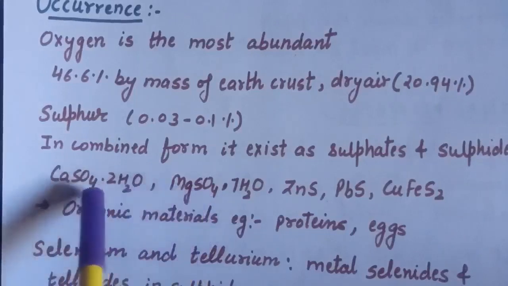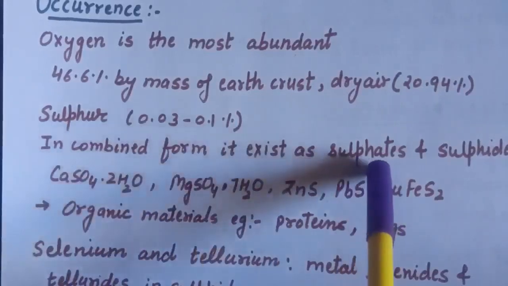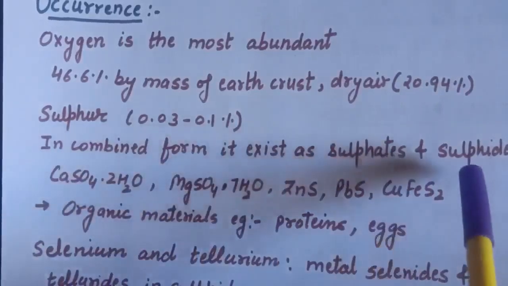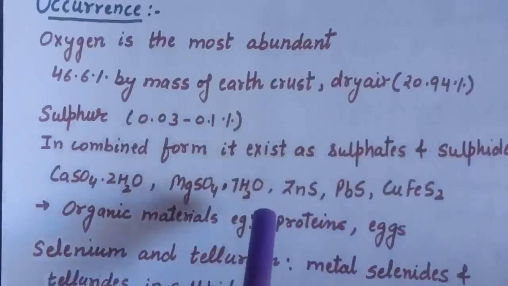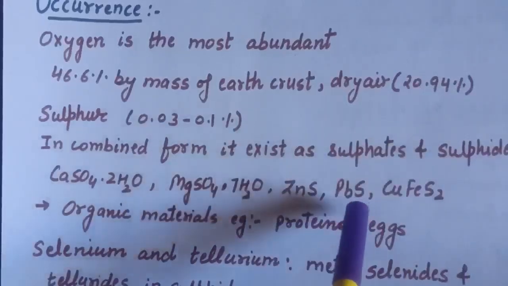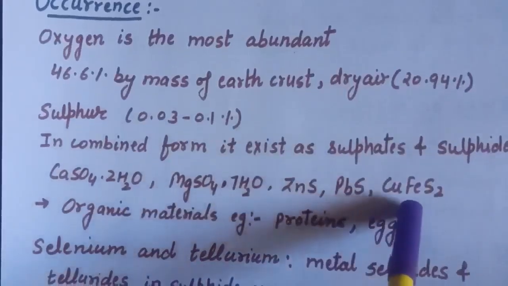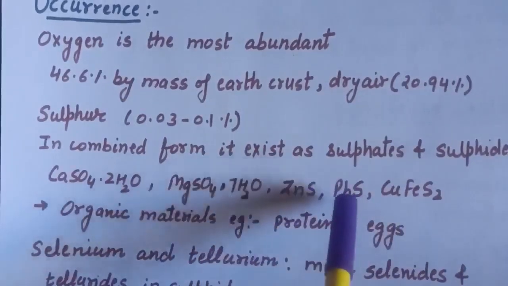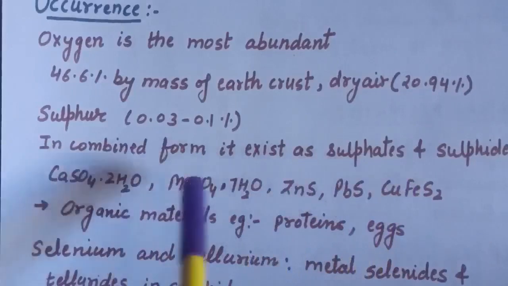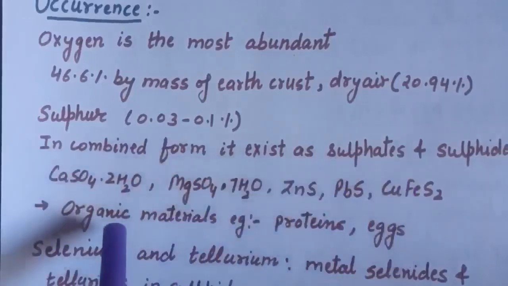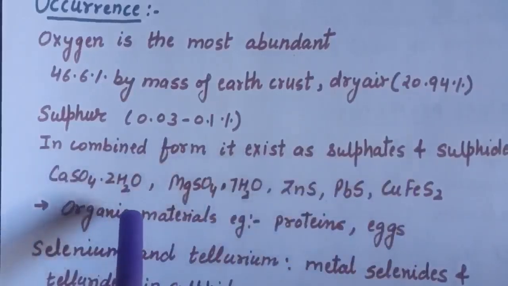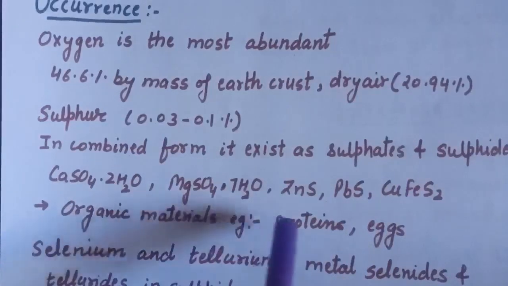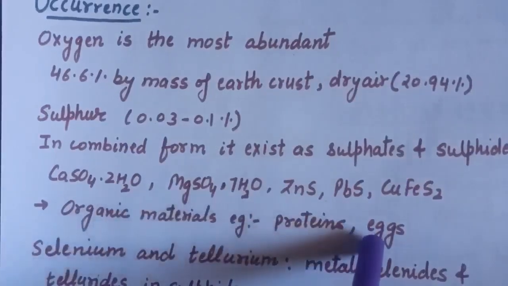So in combined form sulfur exists as sulfates and also in the form of sulfides. Example is zinc sulfide, lead sulfide, and copper pyrites. Sulfur is also present in organic materials like eggs and proteins.